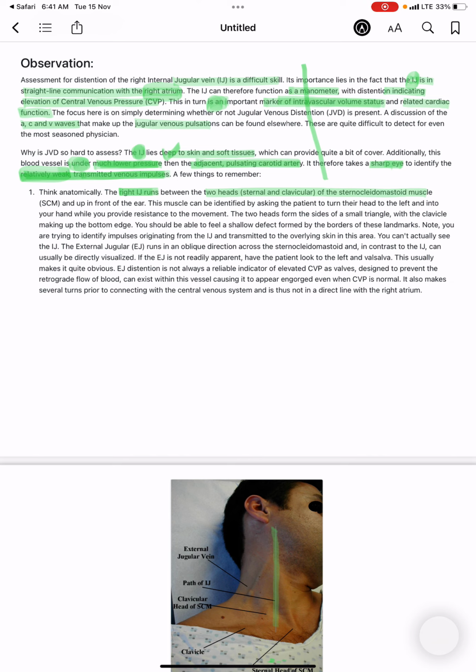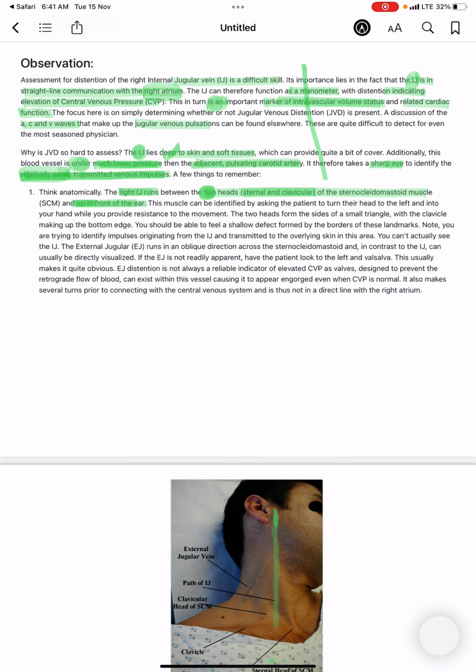This is the line that you have to remember.